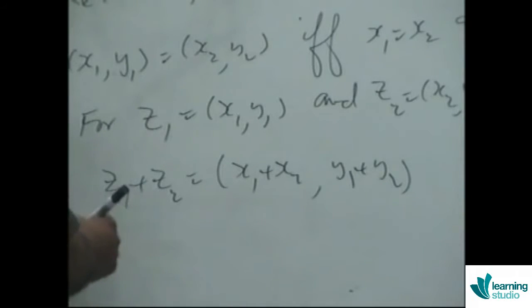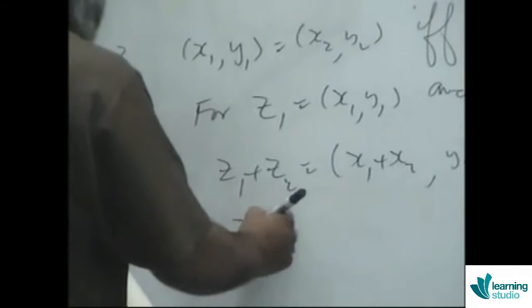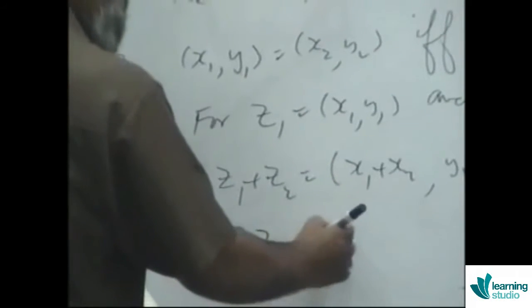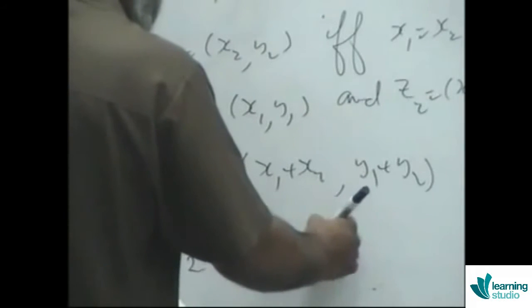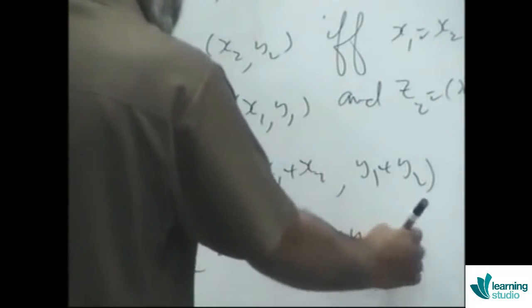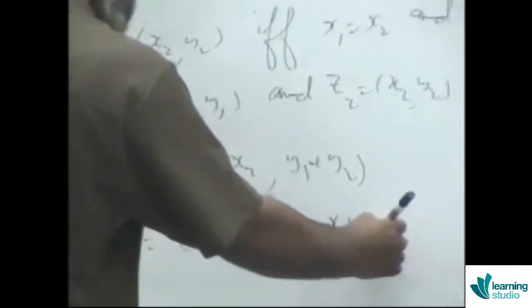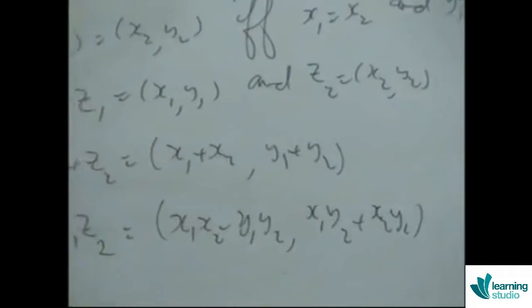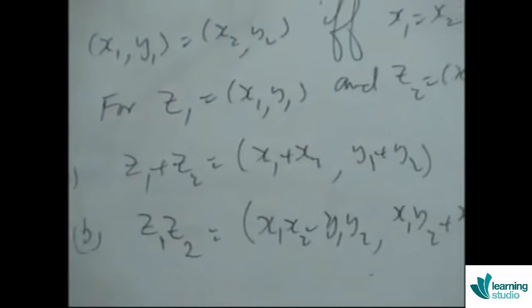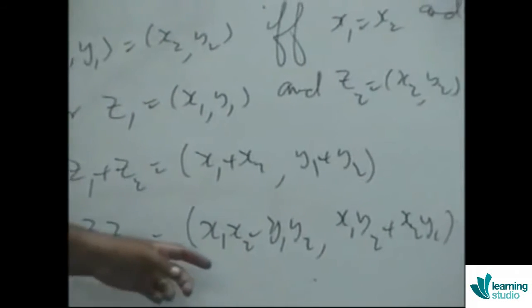Similarly, we can define the multiplication of two complex numbers, that is (x1 x2 minus y1 y2, x1 y2 plus x2 y1). A little bit complicated over here.